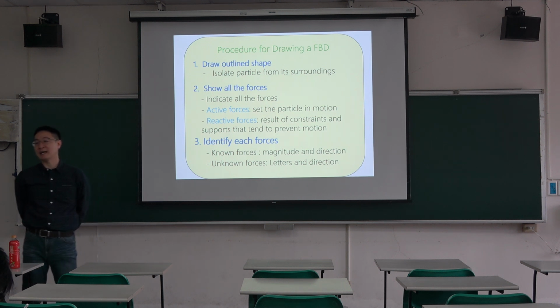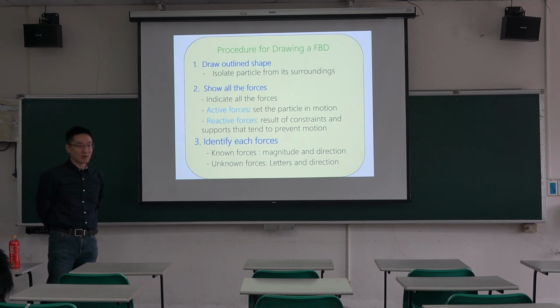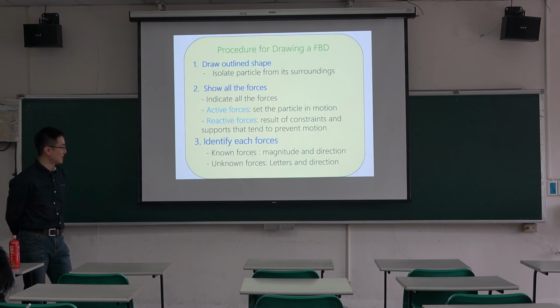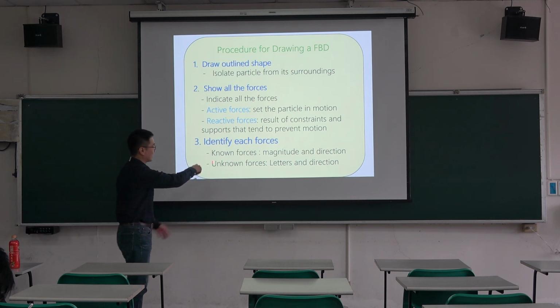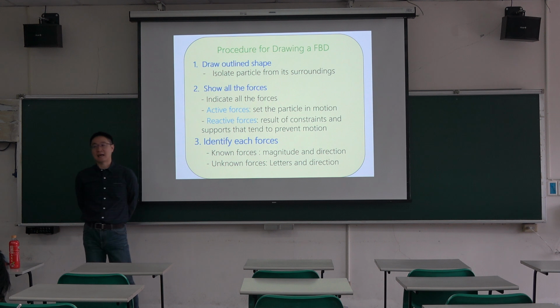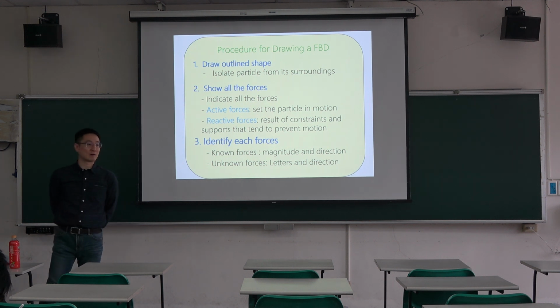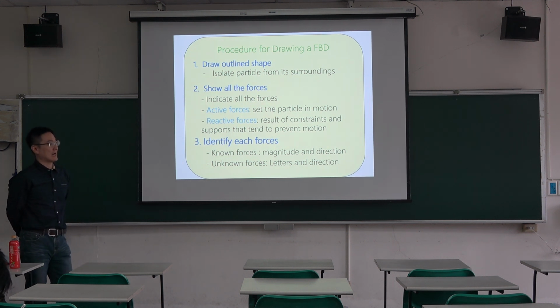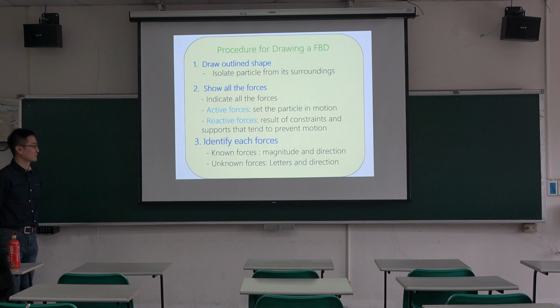A more complicated expression is to use a vector system to express the unknown force. And theoretically, the unknown force is, I think in this subject, what we should work on. Okay, that's the general procedure for a free body diagram.